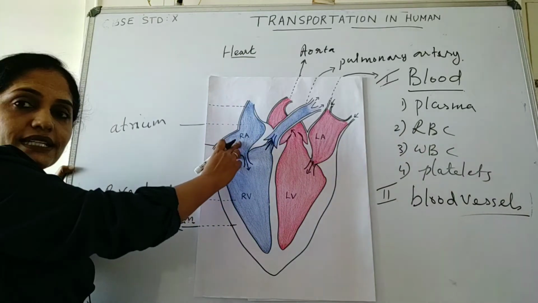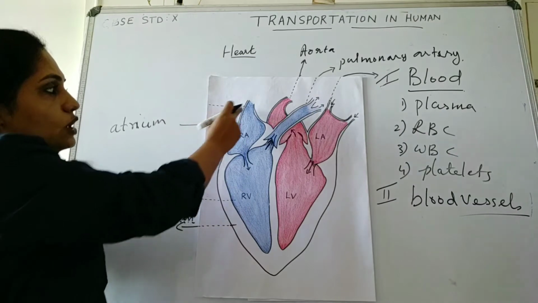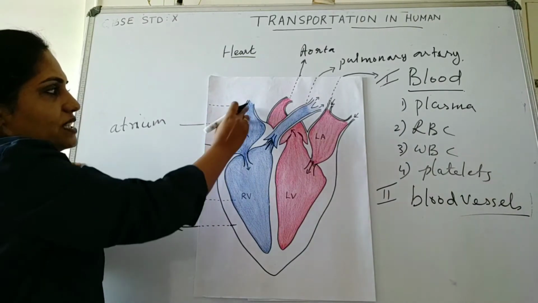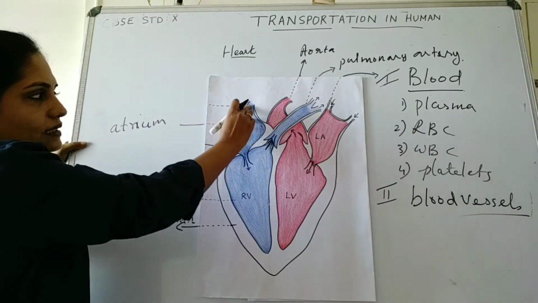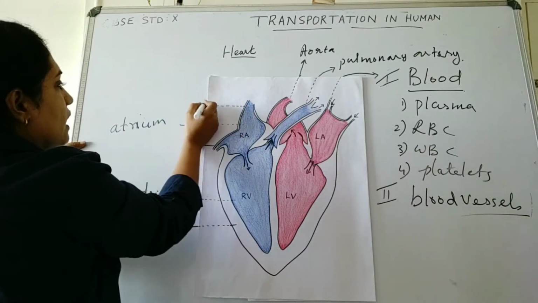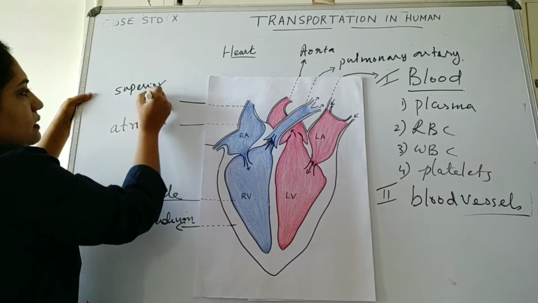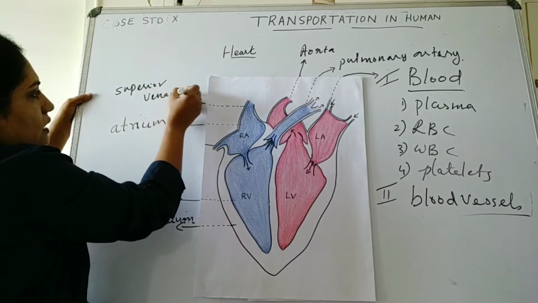Here, the right atrium receives blood from different parts of the body through two veins. Which are these two veins? Here you can see one vein. This is called superior vena cava.